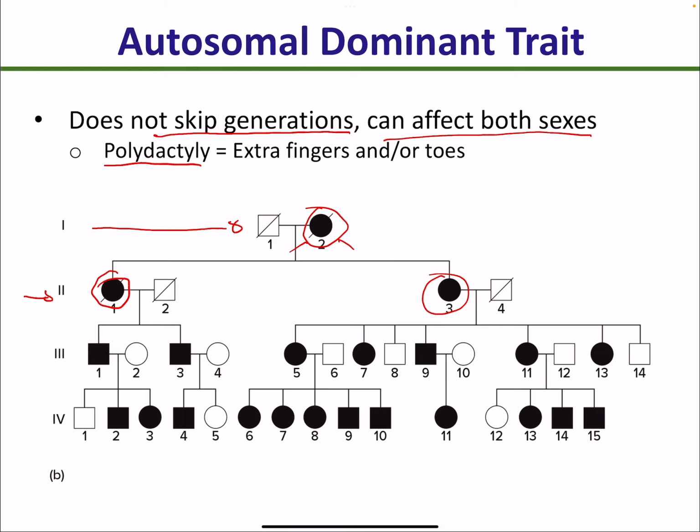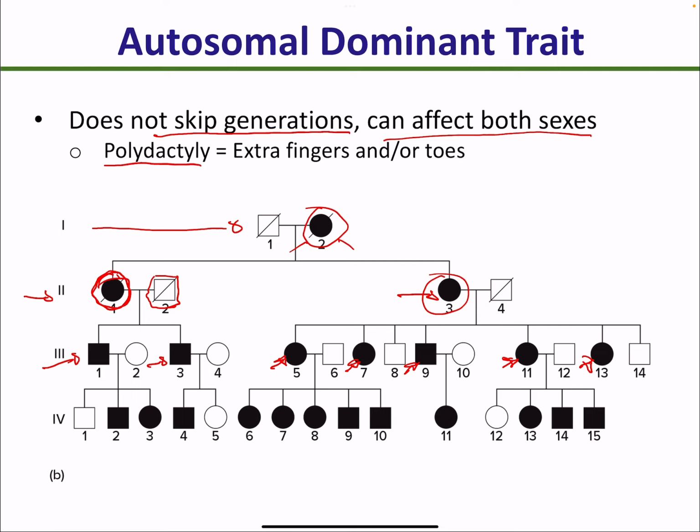And now, the individual here got married and developed a relationship with this guy right here. Down the line, we see that they had children that were affected, both affected. And in individuals here, we see that children are affected here, many of them. Okay?